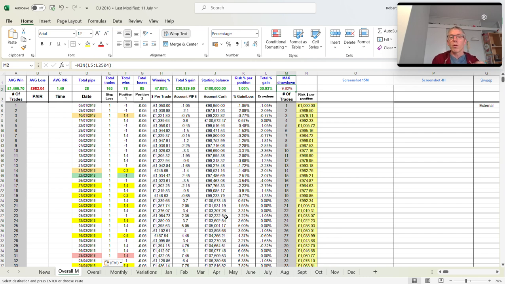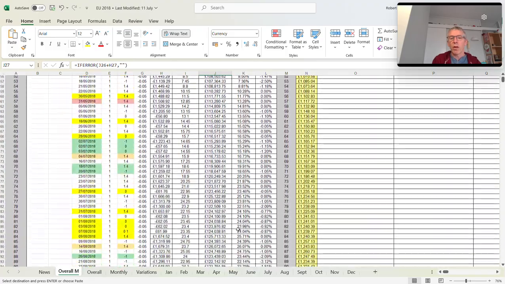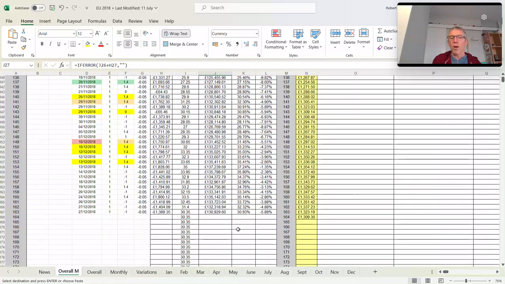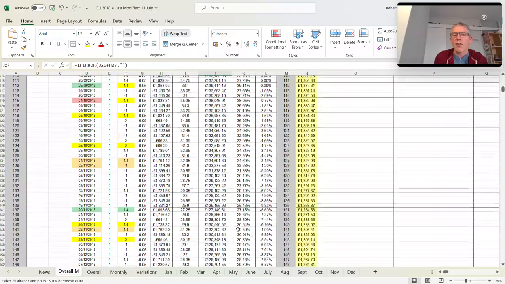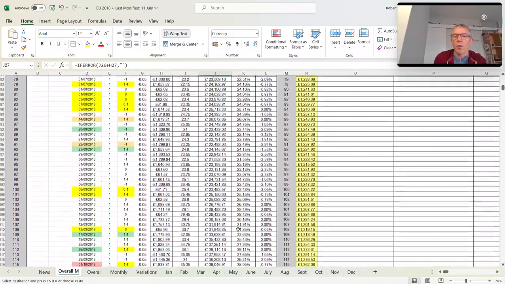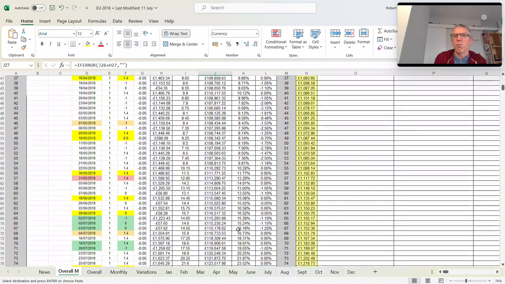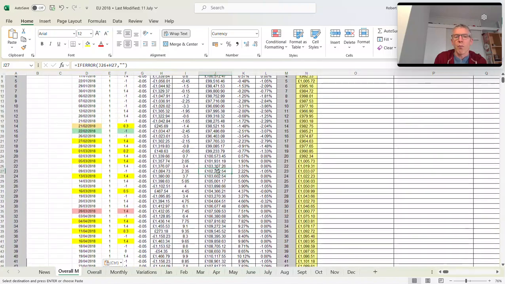However, if this were a prop account and I just traded and not taken any profits out, I would never have actually gone into drawdown or under the 100 grand that they give you.